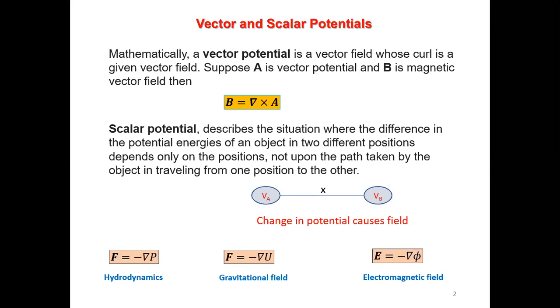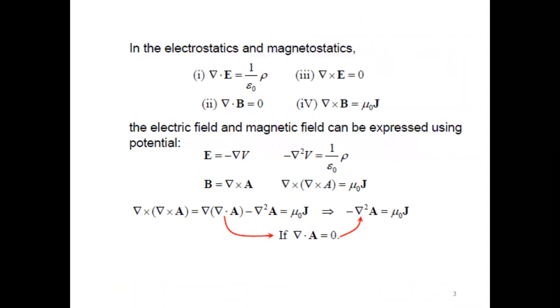In classical electrodynamics, we all know A and phi, and how they are related with B and E, that is the magnetic and electric fields. Their relationship can also be obtained. If we take the basic equations of electrostatics and magnetostatics, I am talking about the electrostatic and magnetostatic case, not the electrodynamics case.